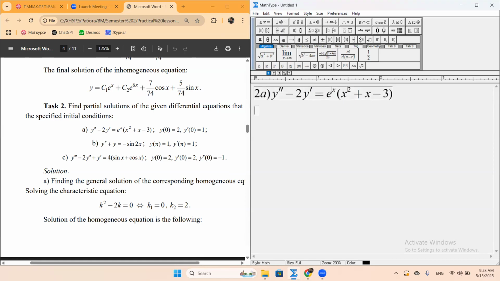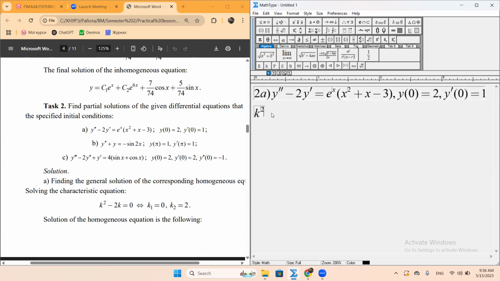So writing down the characteristic equation, k squared, let me also write down the initial conditions. y of 0 equals 2, and y prime of 0 equals 1.